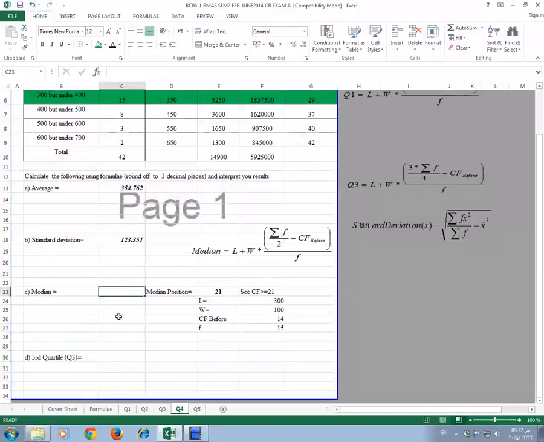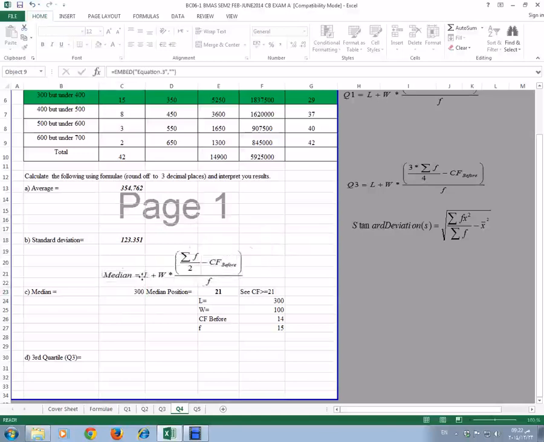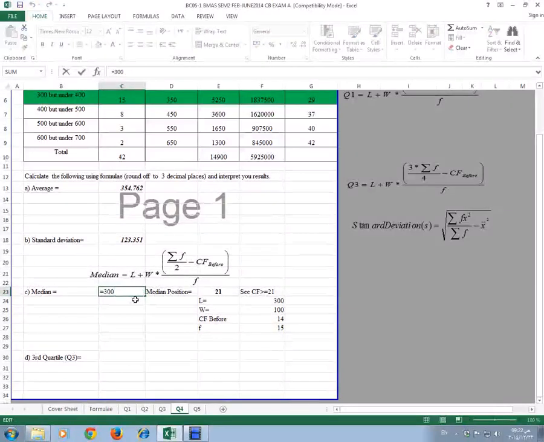So the median here is equal to the lower limit, I know it, which is 300. L, see here, this is the formula. I'm just following the formula here. L is 300, then plus, after plus there is W. W here I have 100.